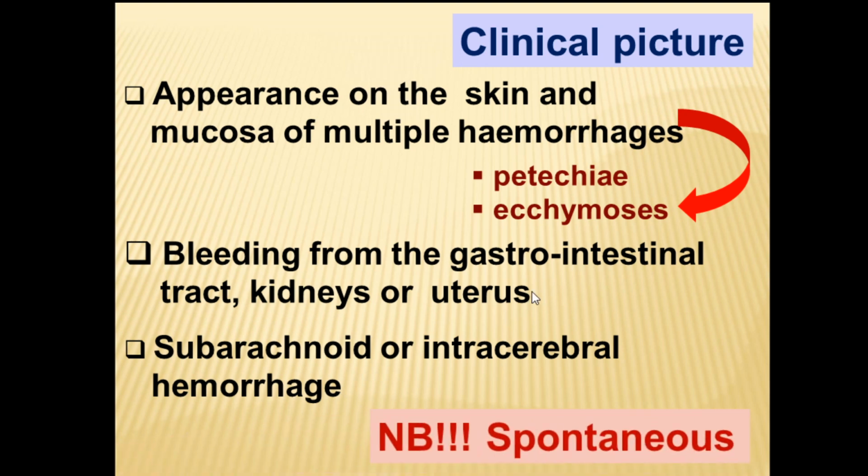It is more grave if it appears in the central nervous system. I'll pay your attention: in contrast to other causes of hemorrhage, thrombocytopenia is characterized with spontaneous bleeding without provoking factors.